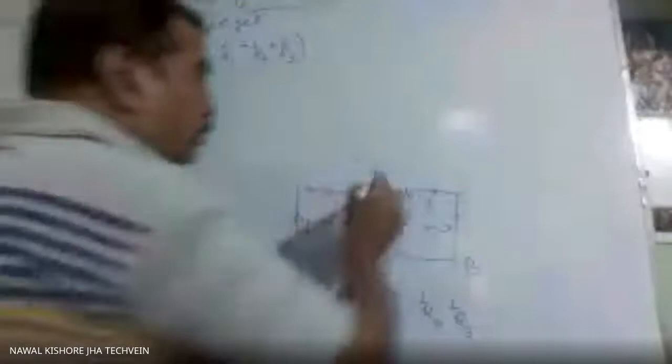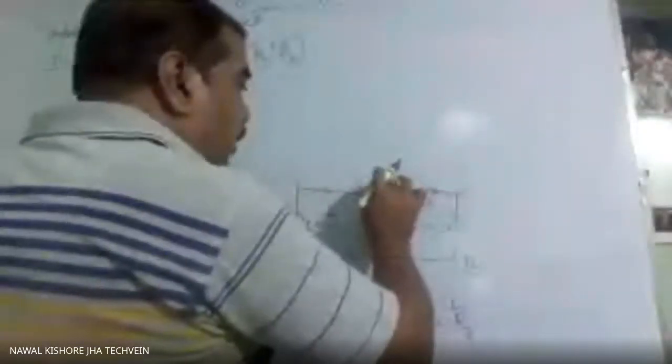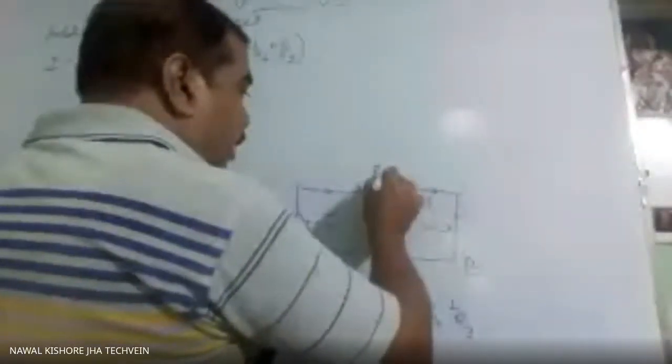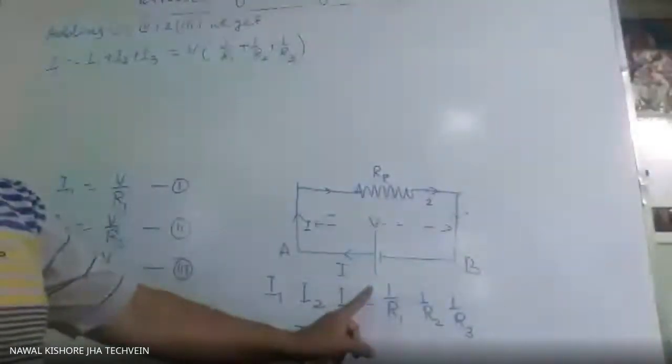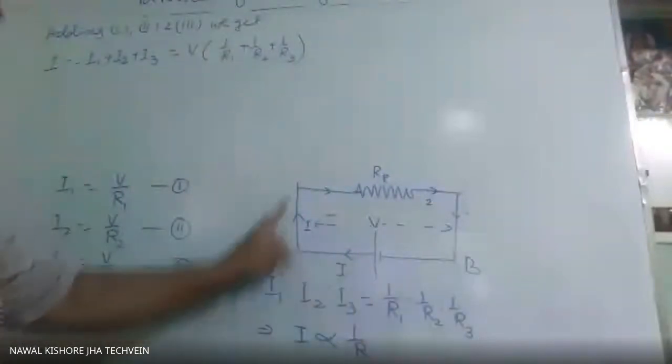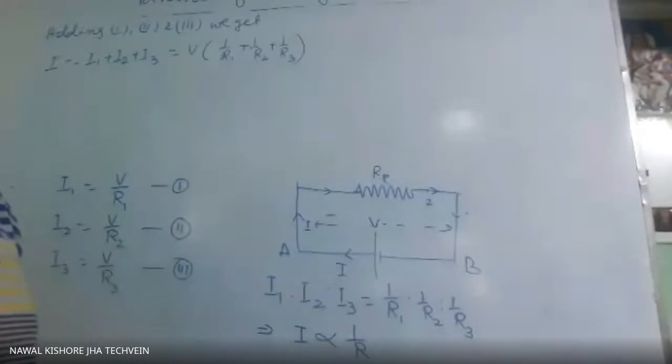So in place of this group, if we are using only one resistance, suppose we call it RP, the parallel equivalent. Then when this resistance is connected to the same source, it must draw the same current as the whole group was drawing. Is it clear?